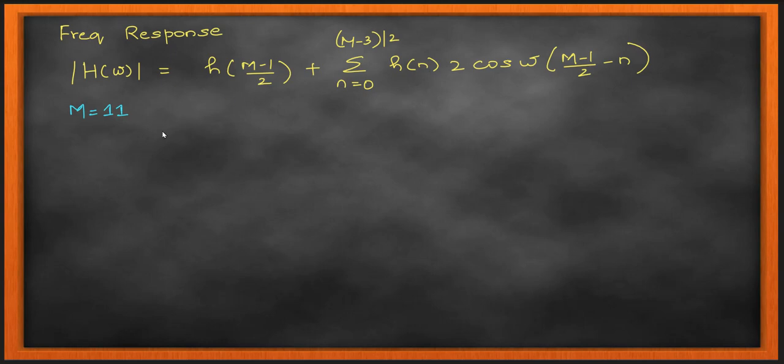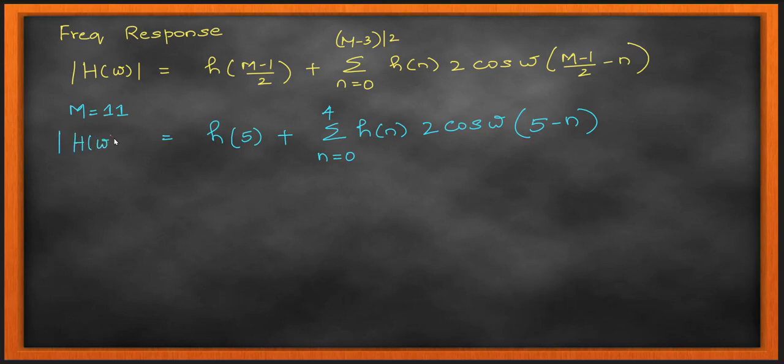This is the magnitude response formula I have because it is an odd symmetry: h of (M minus 1) by 2 plus sigma n equal to 0 to (M minus 3) by 2 of h of n, 2 cos omega (M minus 1 by 2 minus n). That is your formula. Now I'm just going to put the value of M equal to 11. Let me expand the summation, n equal to 0 to 4.